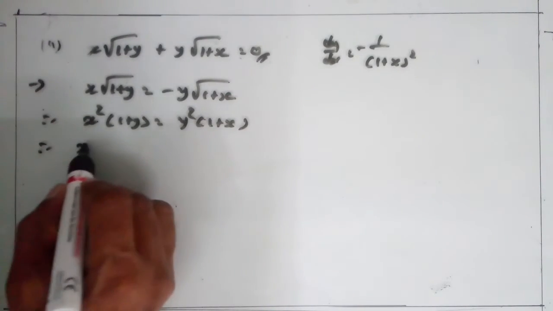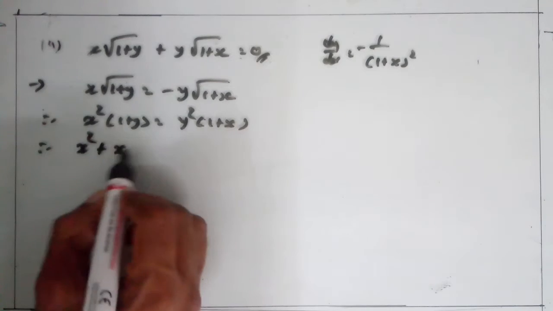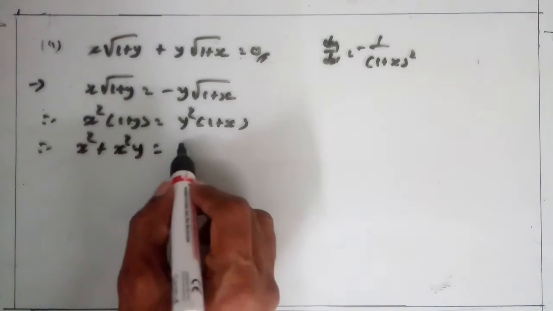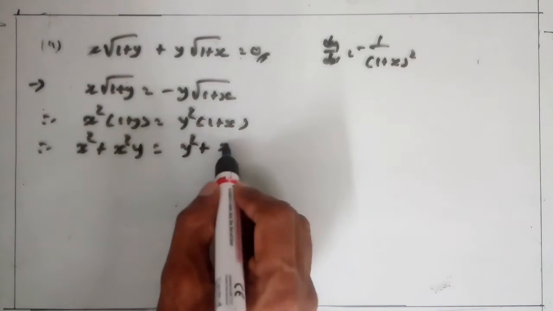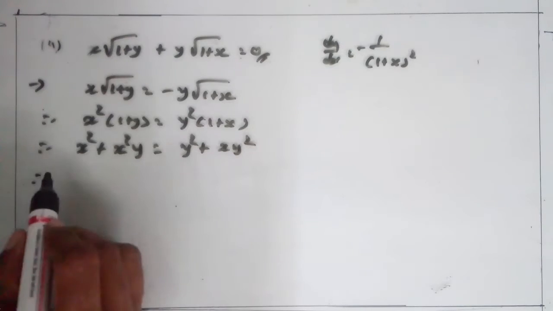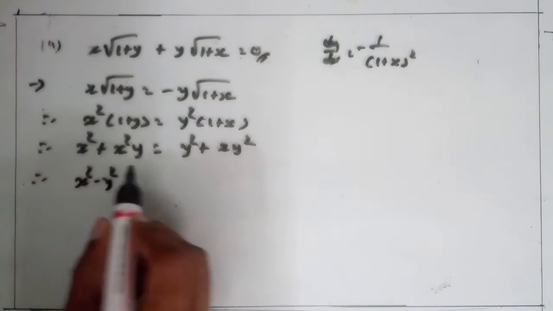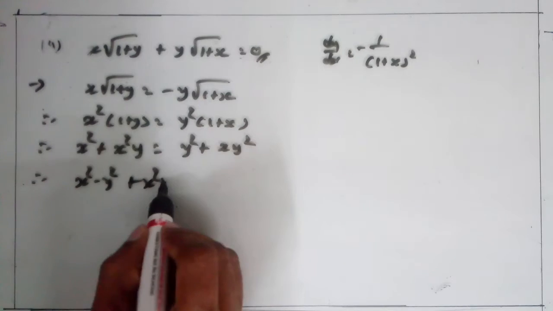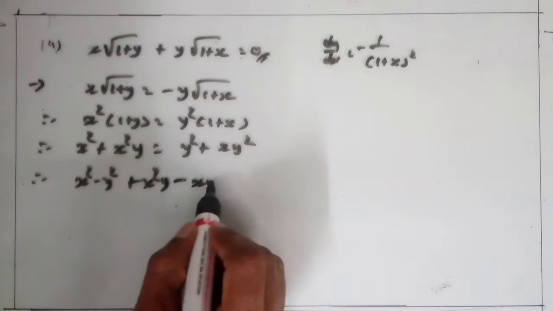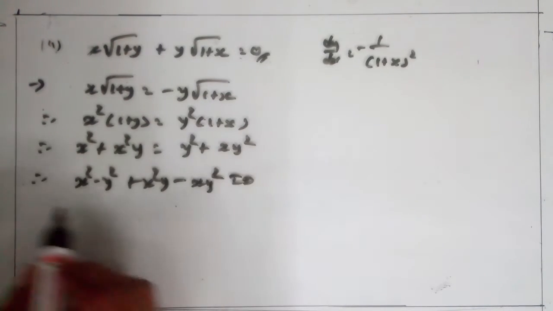Therefore x square, taking inside, gives x square plus x square y equals y square plus x y square. Taking all terms to one side, x square minus y square plus x square y minus x y square is equal to 0. Clear?